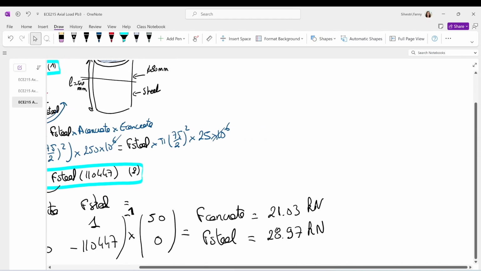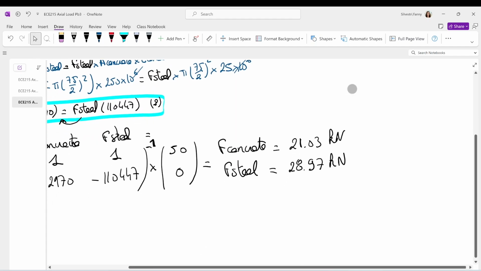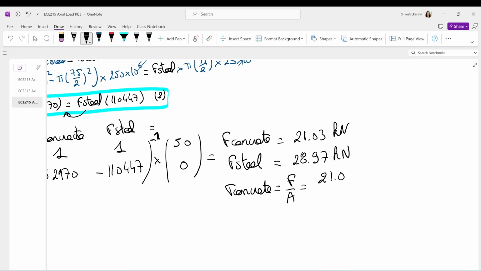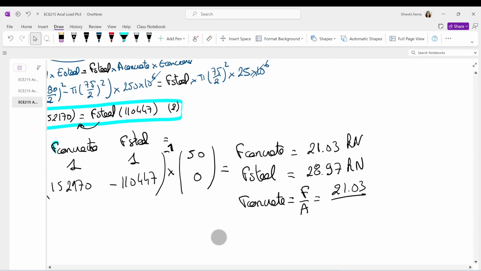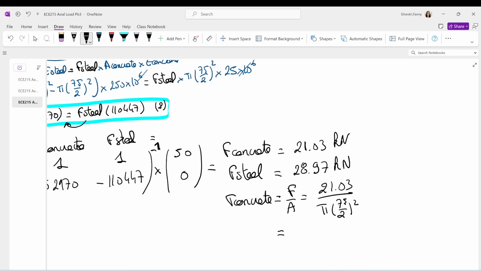To get the sigma from that, the sigma in the concrete will be the force divided by the area. So that will be 21.03 divided by the area of the concrete, pi times 75 divided by 2, squared, and I have sigma concrete 4.76 MPa.